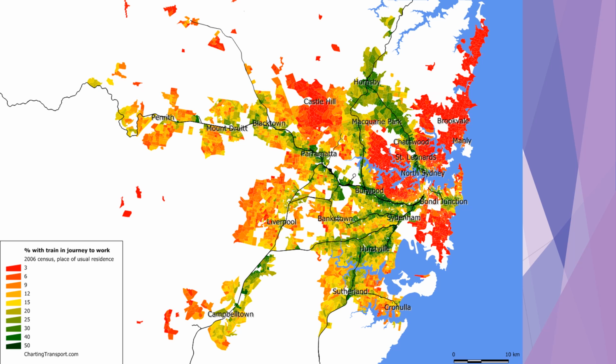So it can be pretty difficult from some of these locations, particularly if you're not going into town but going across town. I used to live at Bondi Beach and had to travel through Chatswood to get to Macquarie Park. This was before the train line went in, and basically, I had to use a car.